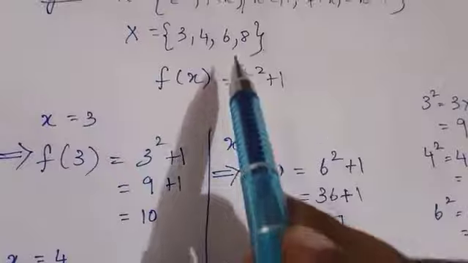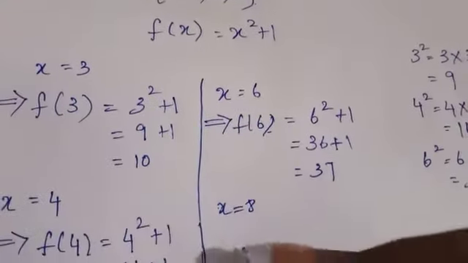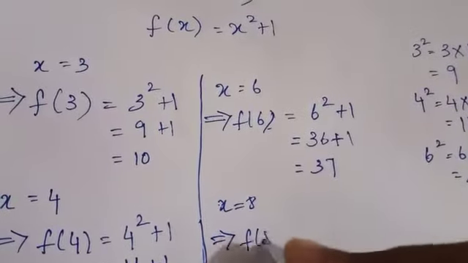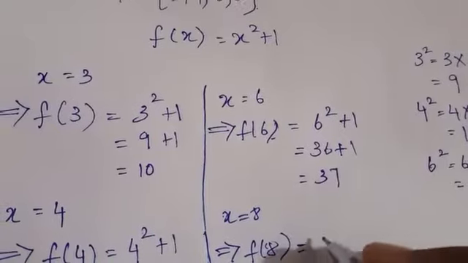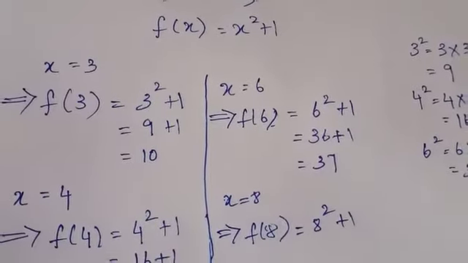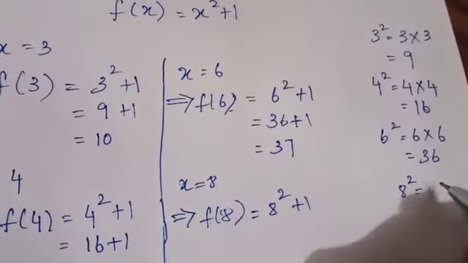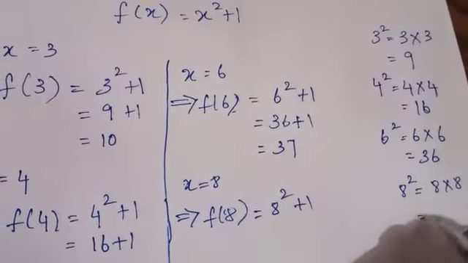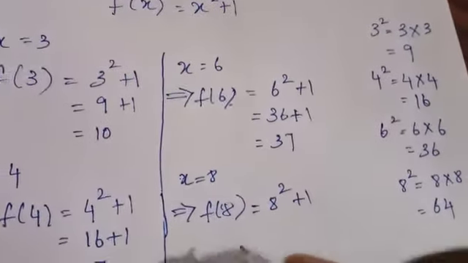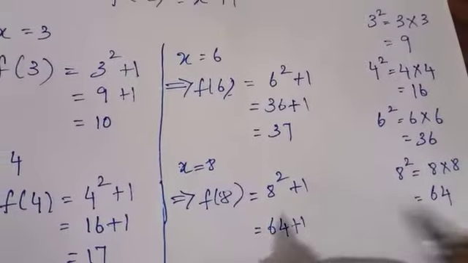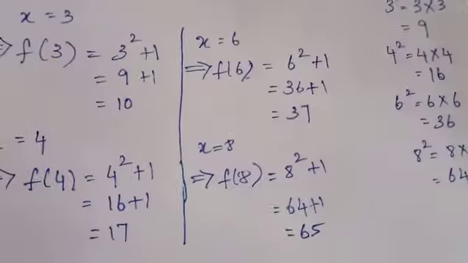Next, what is the last element here? 8. So when x = 8, f(8) = 8² + 1. 8 square is 8 into 8. 8 8s are 64. 64 plus 1 is 65.